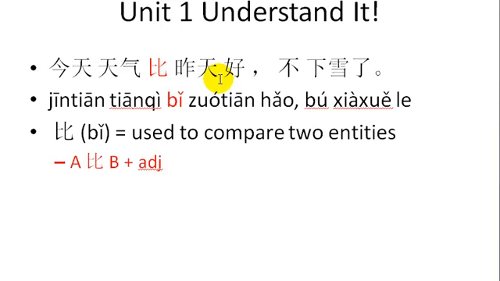Today is better than yesterday. Okay? So that's how this 比 works. The two items you're comparing with 比 in the middle, and then the adjective, whether you're going to say it's better or worse or what have you. So 今天天气比昨天好，不下雪了.